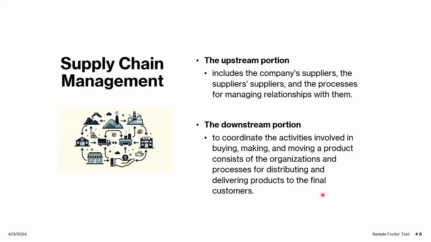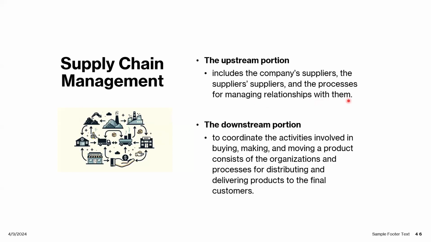Okay, when you are talking about supply chain management system, there are two portions: upstream and downstream, right? So the upstream includes the suppliers, local farmers, manufacturers, and so on, the process for managing relationships with them.